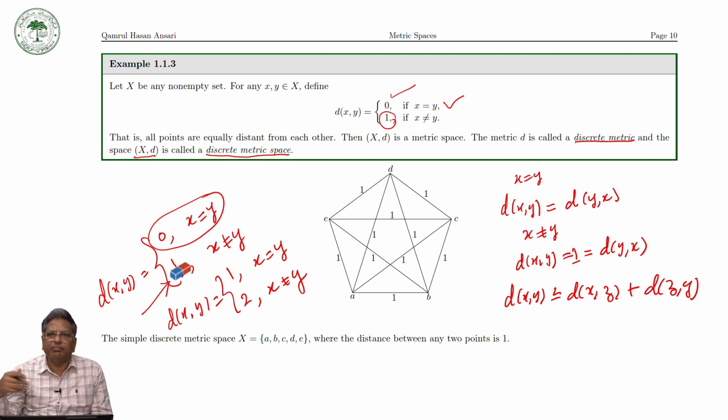So you can define many metrics on a non-empty set X. But a particular kind of metric, where d(x,y) is 0 if x is equal to y and d(x,y) is equal to 1 if x is not equal to y, is called the discrete metric, and the set X with a discrete metric d is called a discrete metric space.